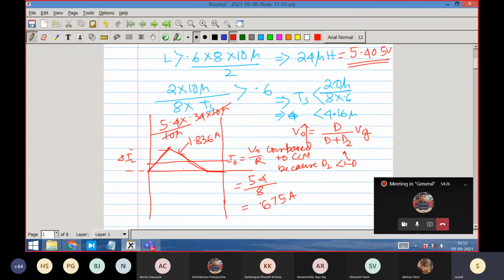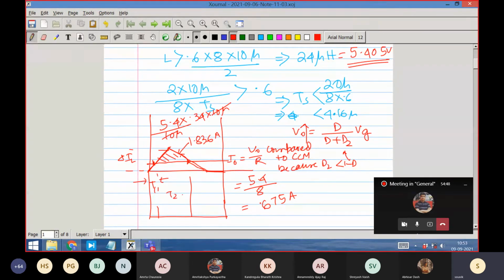Now you see how difficult it is to find delta V0. Maybe this can be given as an assignment. This is the zone when the current is positive, and it is cutting here and here. So you have to find out these two times, T1 and T2.